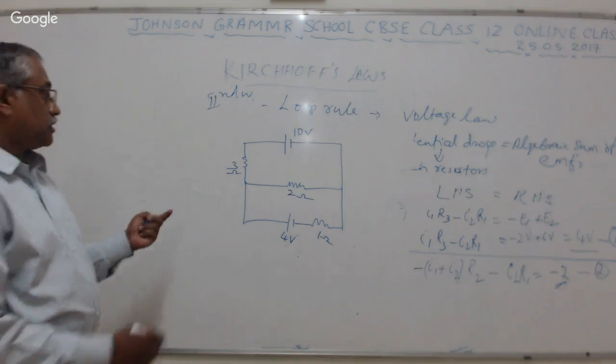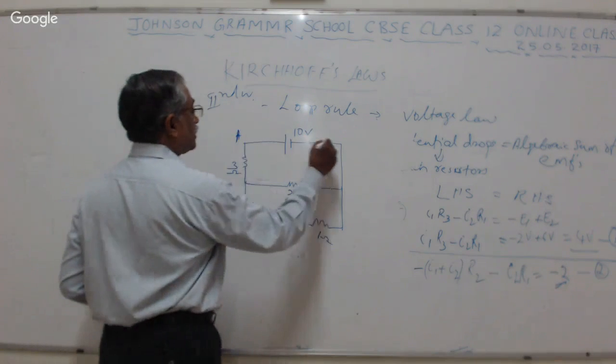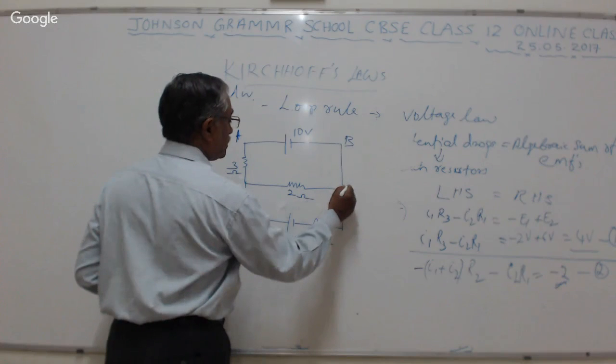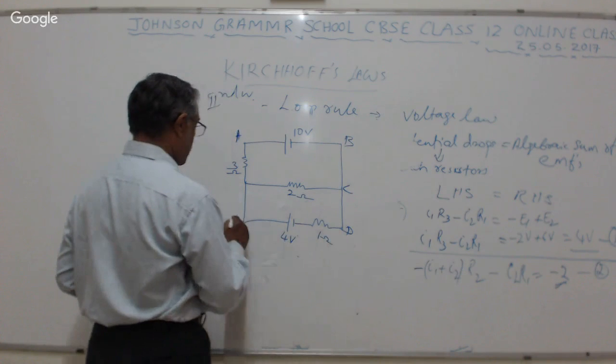So this is a circuit. We can give names to the points: A, B, C, D, E, F.